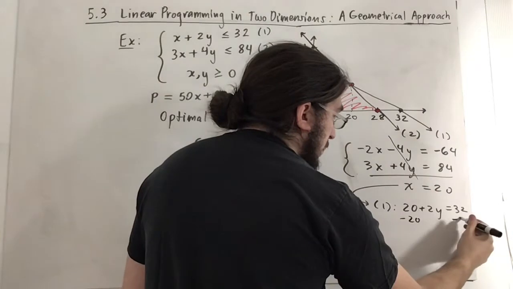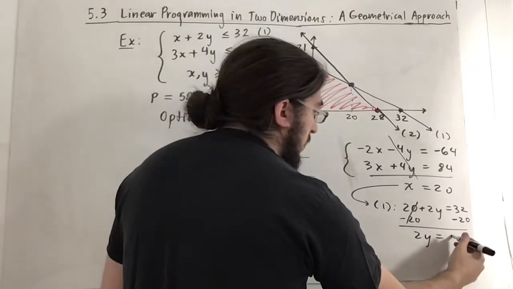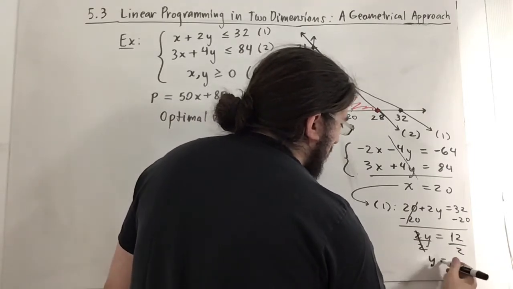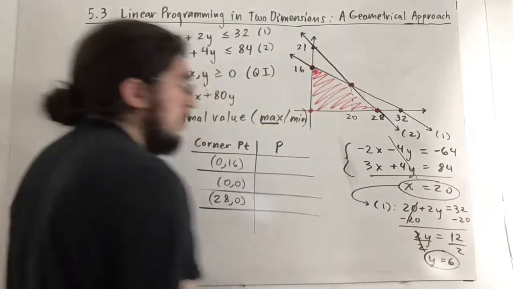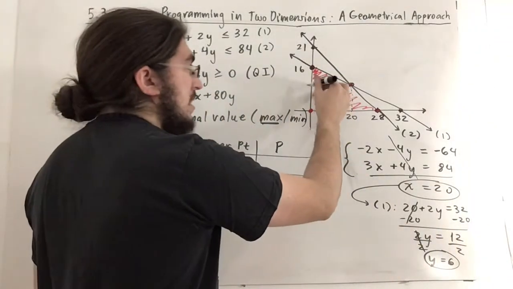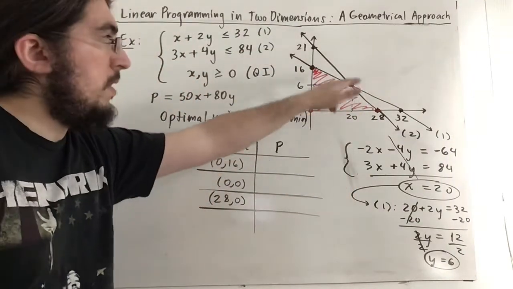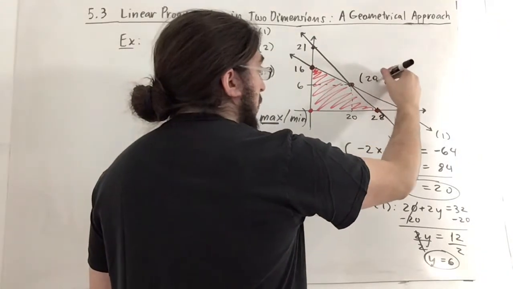Subtract 20, we get 2y is equal to 12. And then dividing by 2, we get y is equal to 6. So the point is 20, 6. And again, it's not to scale. If we tried to draw it to scale, then the point would look more like what it actually is. But this corner point is indeed the point 20, 6.